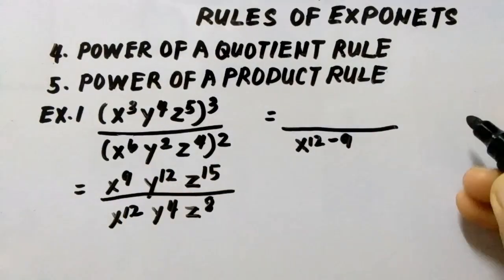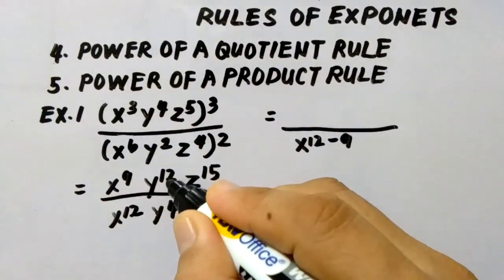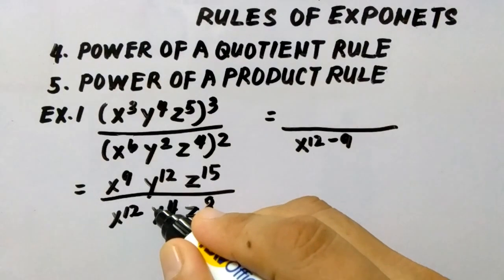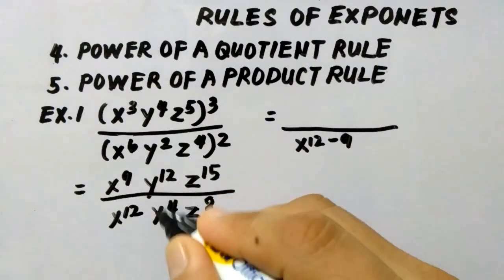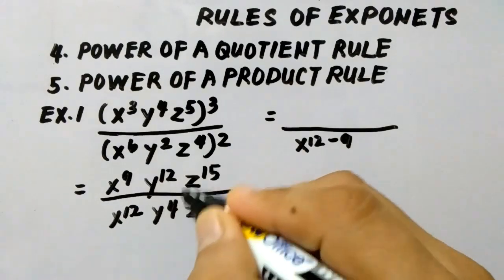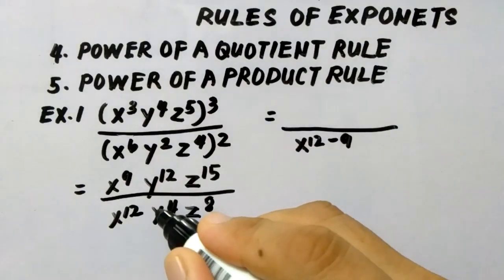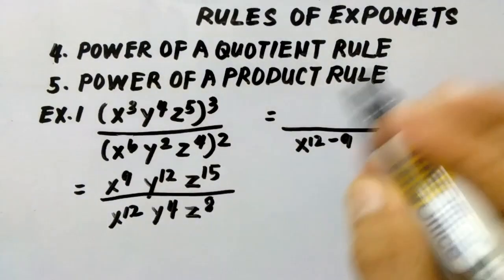Negative 9. Okay? So, y to the 12 over y to the 4th. Mas mababa po yung 4, kaya itataas po natin dito. Pag tinaas po natin, magiging negative 4 po yan.